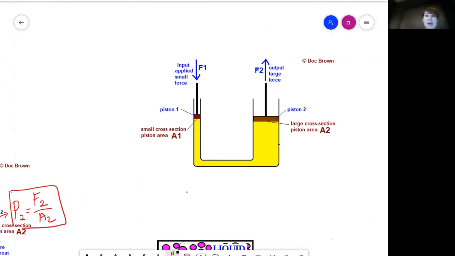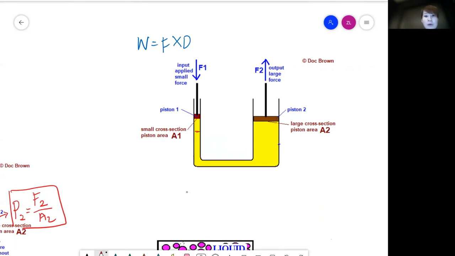As mentioned, the work done at piston 1, how do we calculate work done? Let's recall the formula. Work done equals the force applied multiplied by distance. Work is only done, or energy is converted usefully, when the object moves in the direction of the force. In this case, when F1 is applied, piston 1 will naturally move downwards.